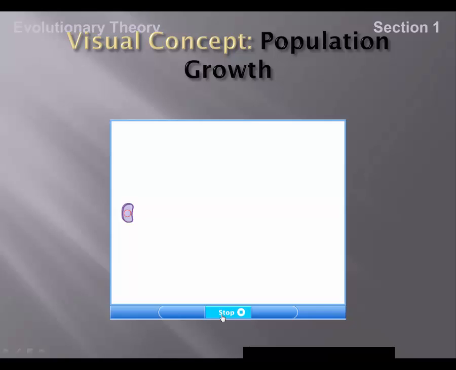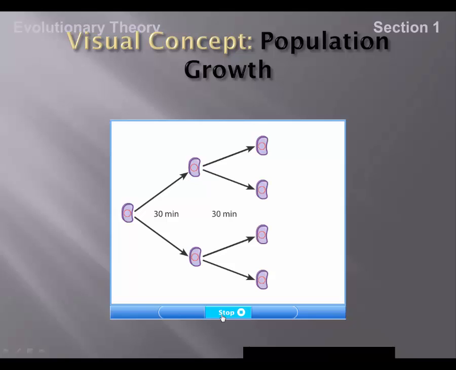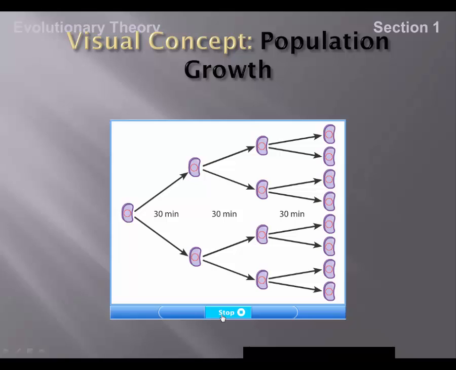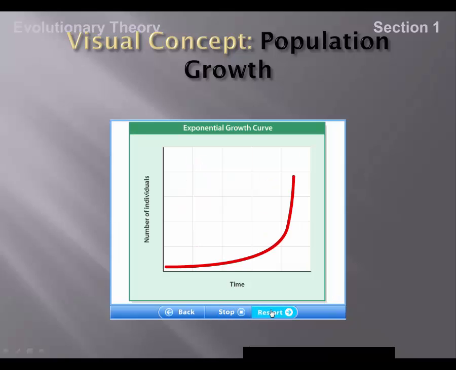The population only grows by one bacterium after the first 30 minutes, but grows by 2 bacteria after the next 30 minutes, and by 4 bacteria after another 30 minutes. The exponential growth curve is a J-shaped curve showing the rapid increase in population size over time under conditions of unlimited resources. The larger the population gets, the faster the population grows exponentially.